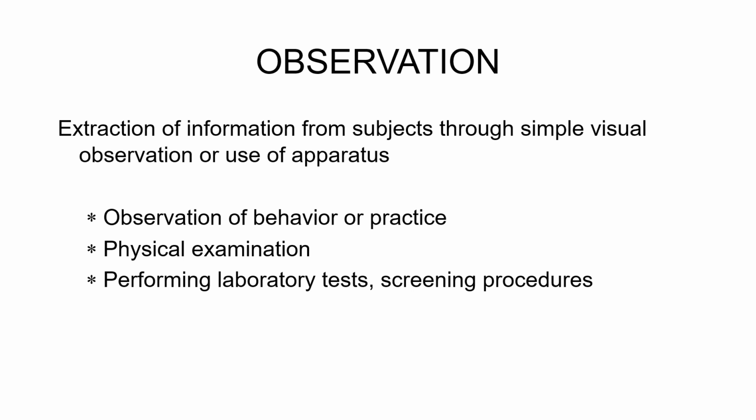It requires skill and training in being an unobtrusive observer, in performing a thorough physical examination, as well as resources or facilities to carry out laboratory or screening procedures. With observation, there is potential for bias. And because there is need for training to ensure objectivity of the observations, it can be expensive and labor-intensive.